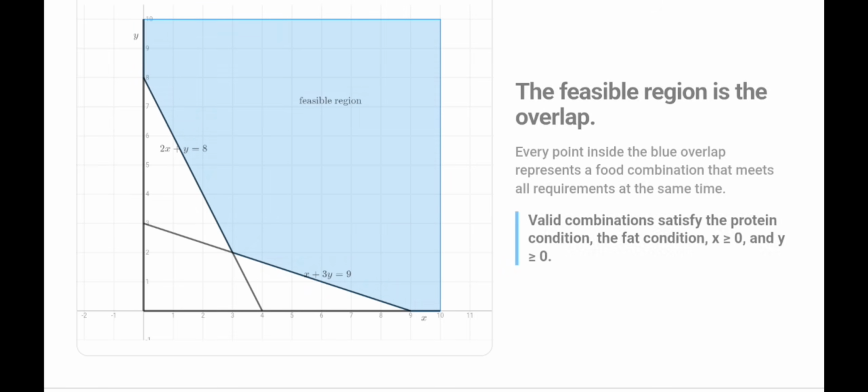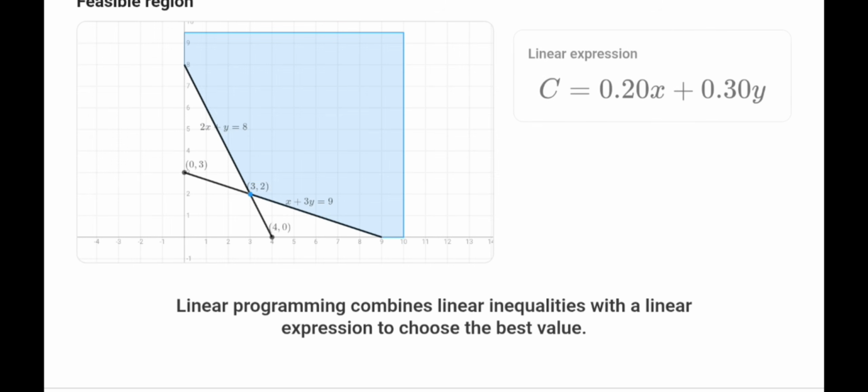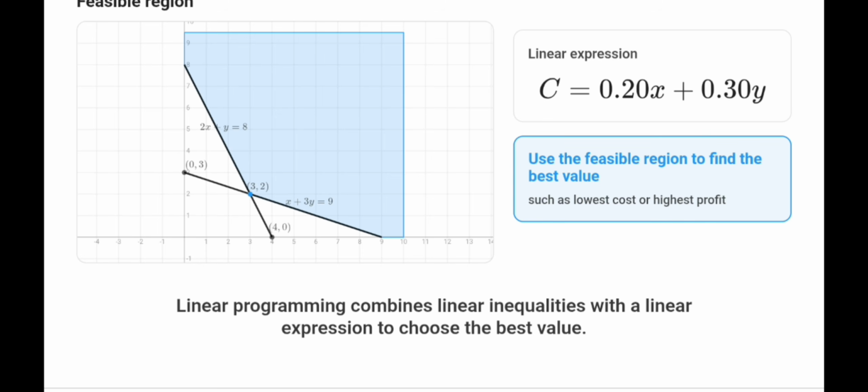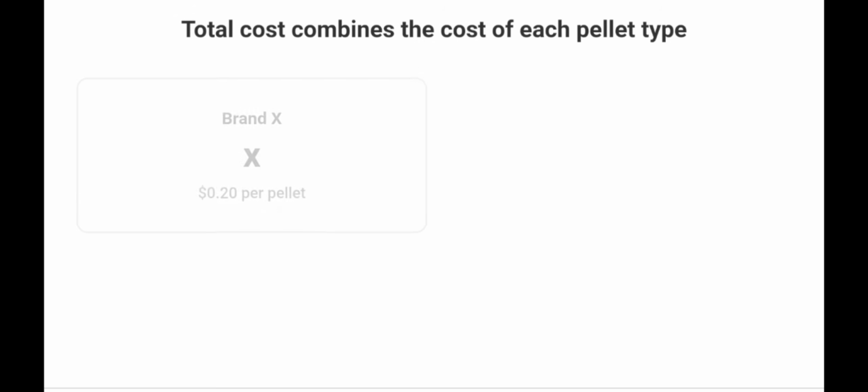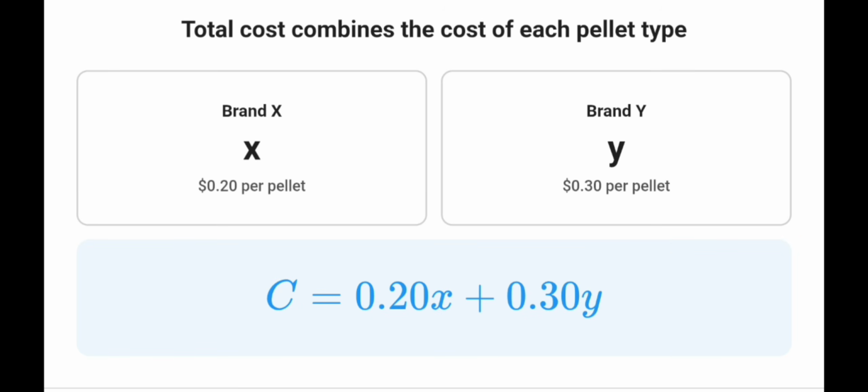The feasible region is the overlap of all the allowed regions, and every point in it represents a food combination that meets the requirements. Linear programming is the use of linear inequalities and linear expressions to find the best value, such as the lowest cost or the highest profit from a feasible region.